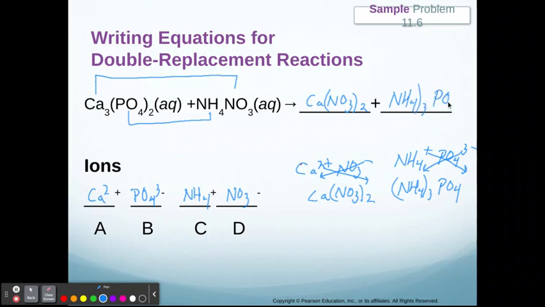And then from this point, you just simply have to go and balance. Okay? So what you do is you have to put a 6 there, 3 there, and a 2 there. And that's it.